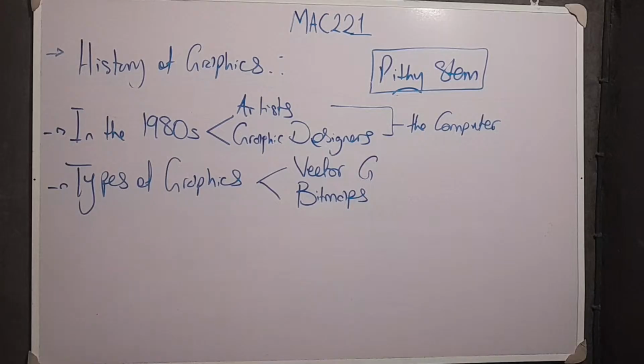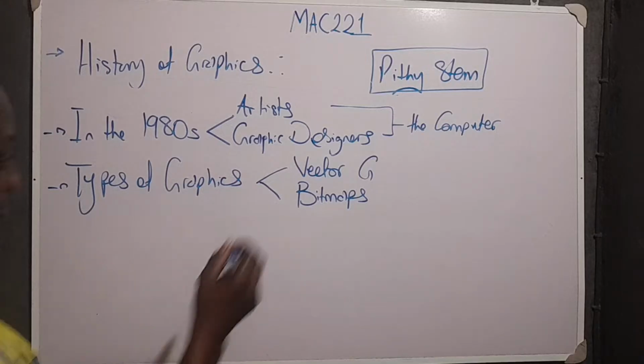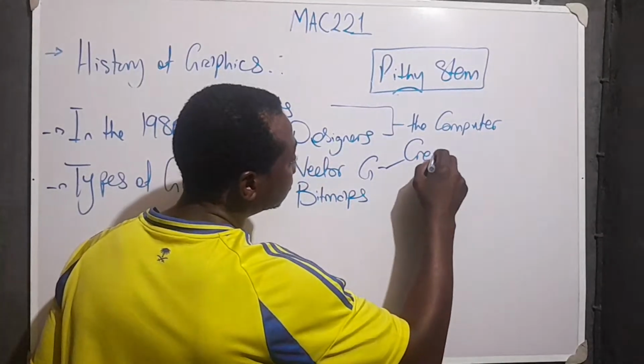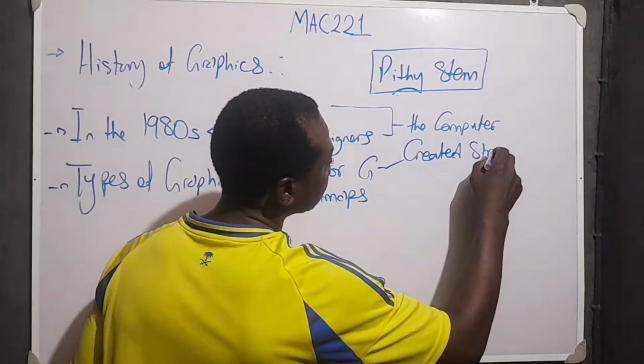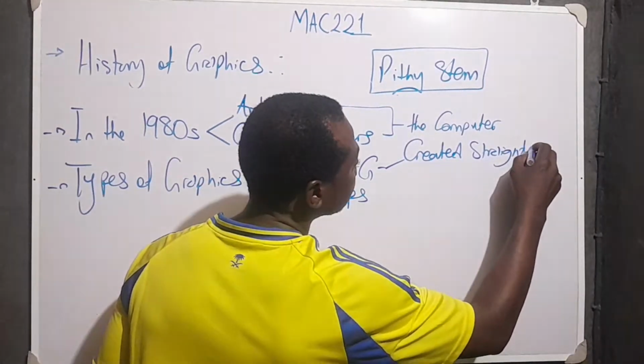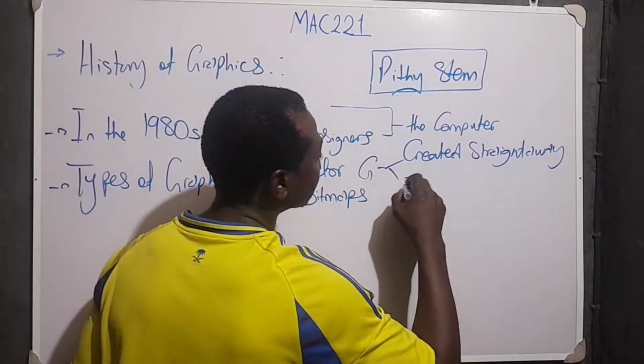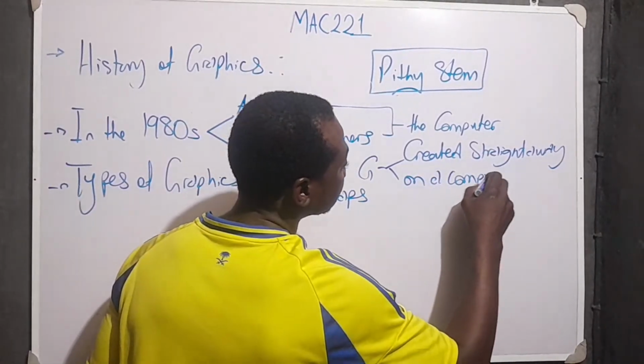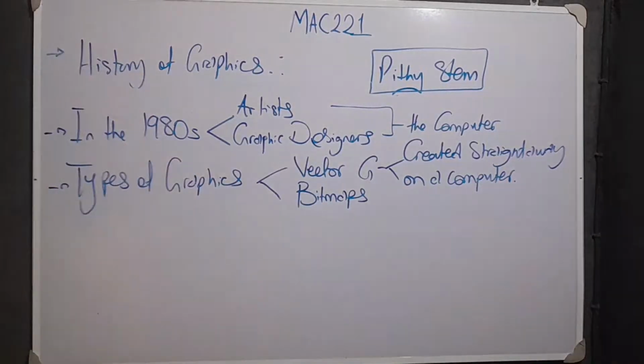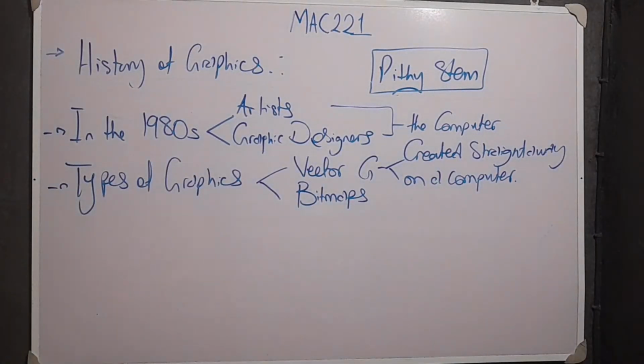By that I mean editing and adjusting. So vector graphics are the kind of graphics which can be created straight away on the computer, without the need of an external third-party system or facilitator.